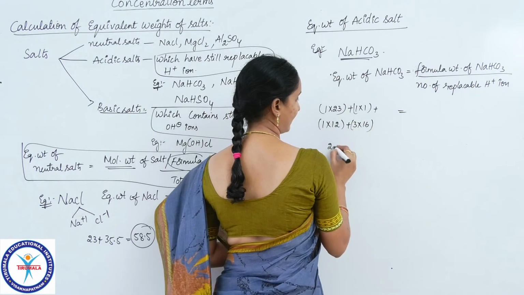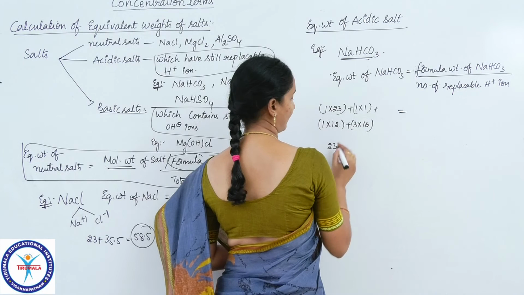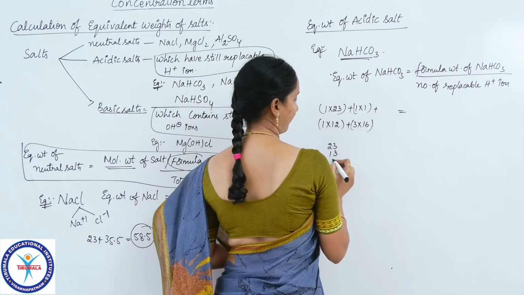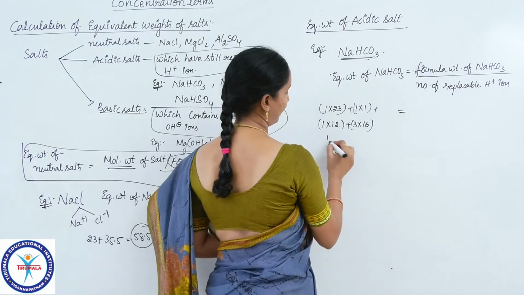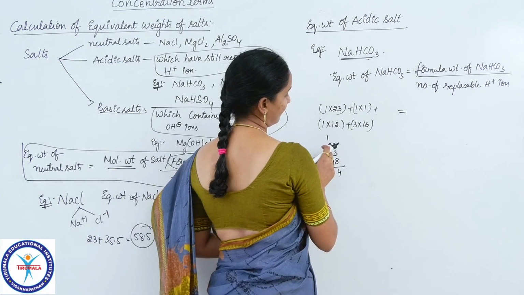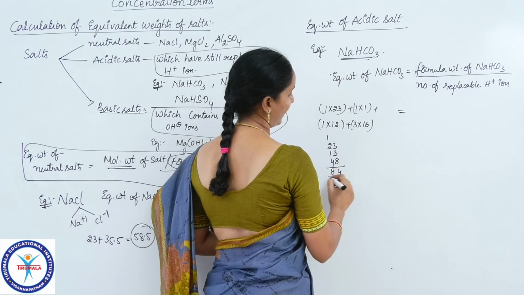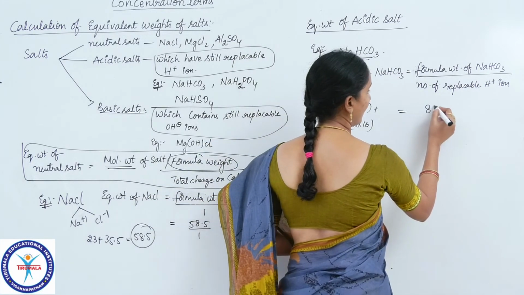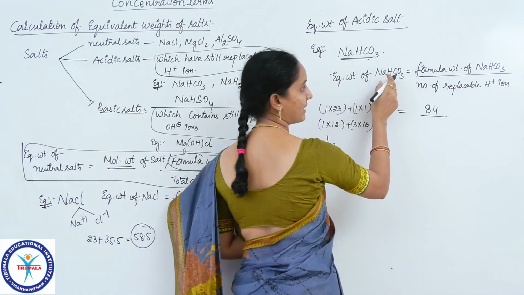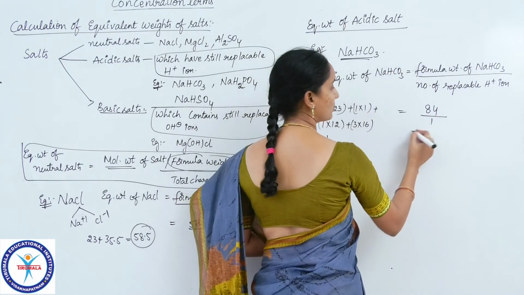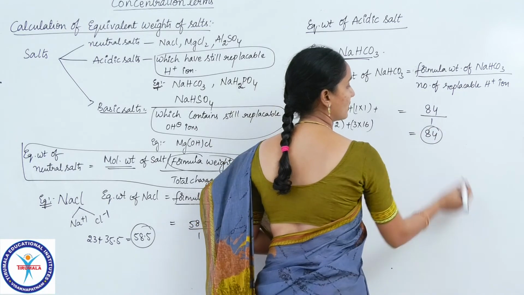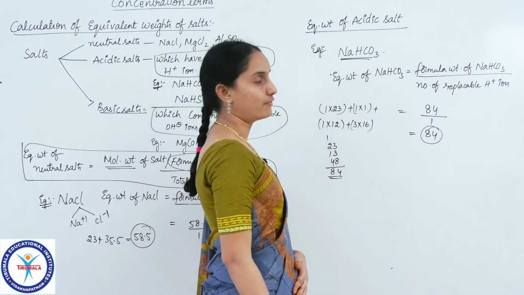So total we have 23 plus 12 is 35, plus 1 is 36, plus 48, so 84 is the total. 84 upon the number of replaceable H plus ions. How many hydrogens do we have? 1. So you have to divide it by 1. So the answer is again 84, children.